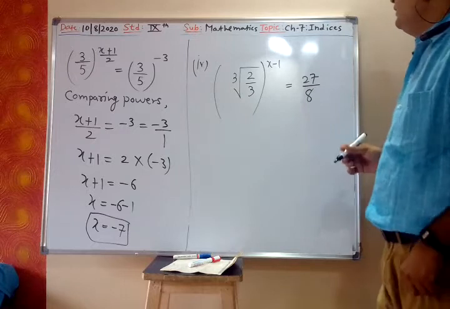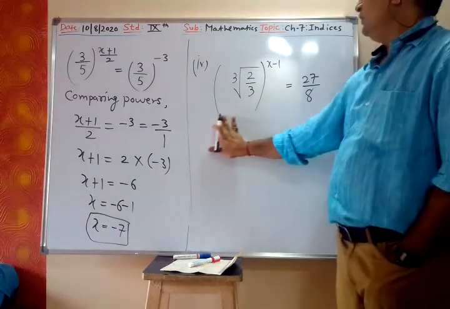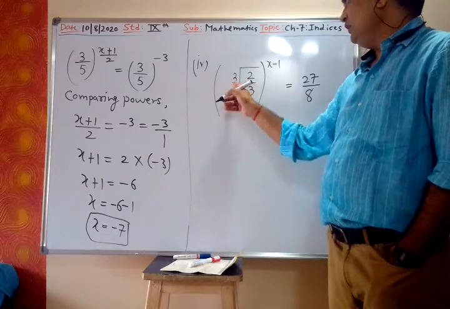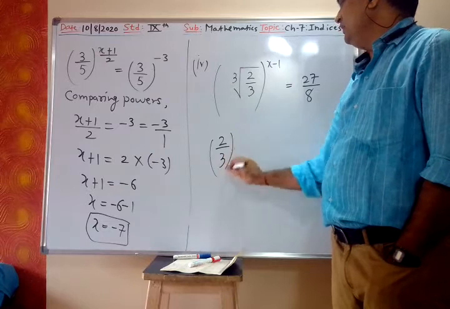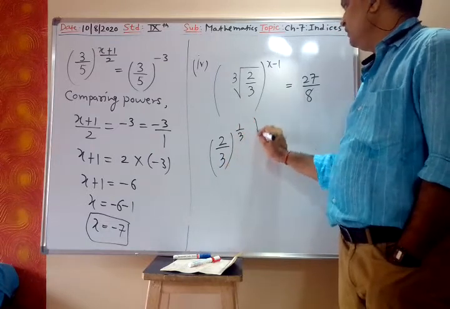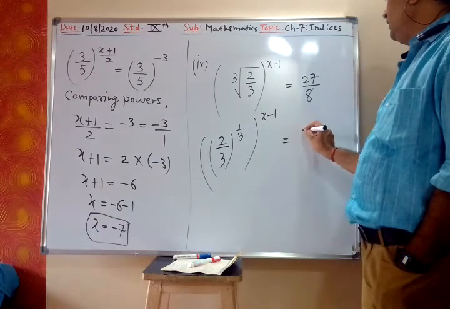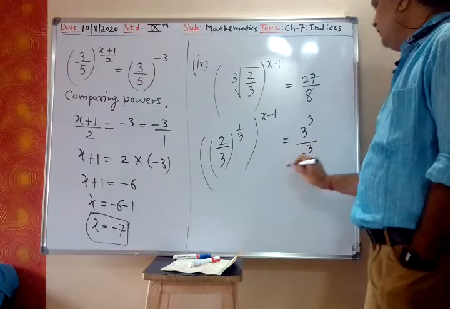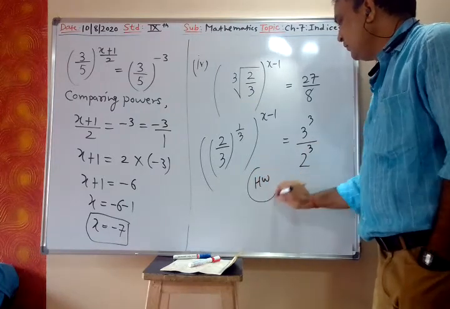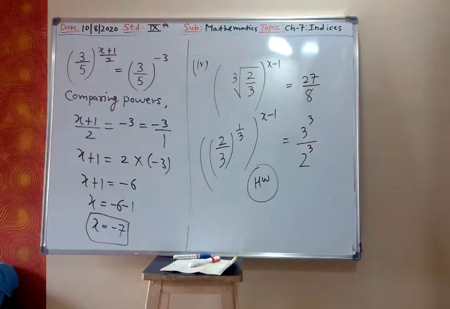Same way it will be there. Cube root of 2 by 3, so I can write it as 2 by 3 raised to 1 by 3, since cube root means 1 by 3, raised to x minus 1, is equal to 27. I can write 3 cube upon 2 cube, and further part will be homework.